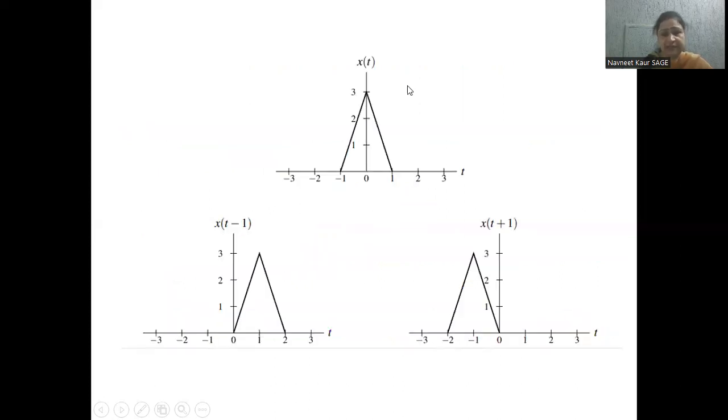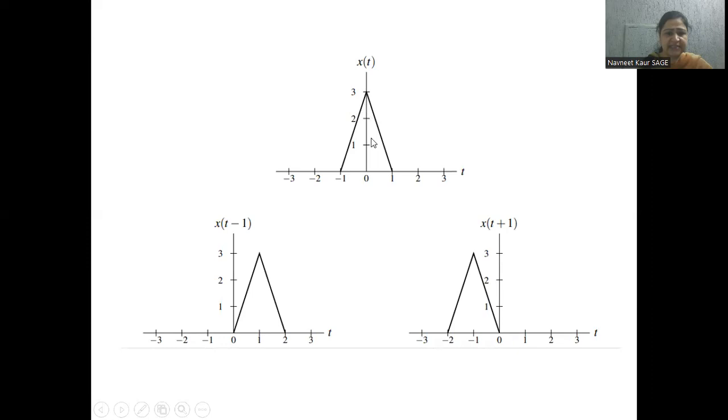Now, we will understand time shifting of the signal with the help of the example given here. Suppose I have a continuous time signal x(t), which is defined between -1 and 1, and the amplitude is 3 at t = 0. Now, if I want to shift this signal by 1 unit to the right, that means I want to delay this signal by 1 unit, then it will be termed as x(t - 1).